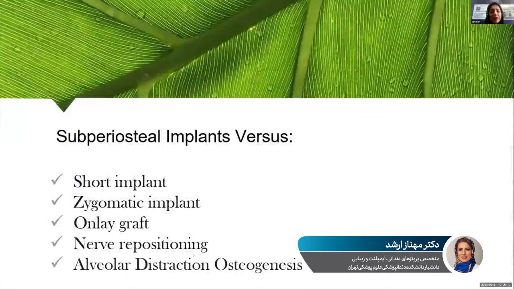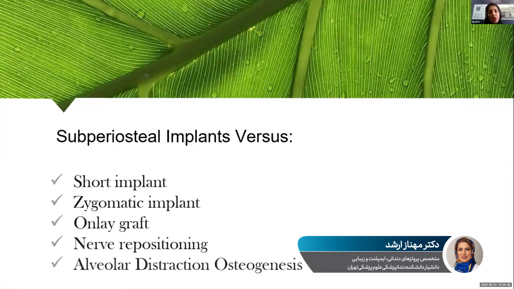If we don't have subperiosteal implants, as in the many years when we didn't use them, we use short implants for such patients, or zygomatic implants, onlay grafts, nerve repositioning methods, or alveolar distraction osteogenesis.